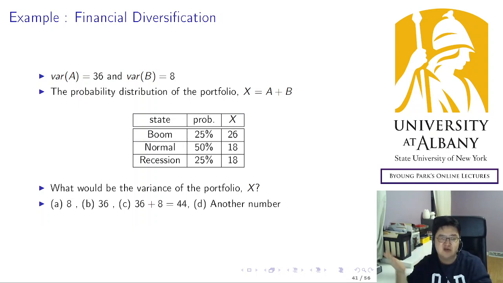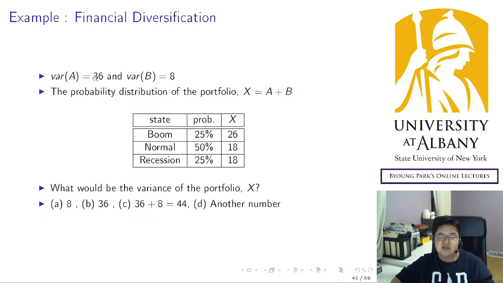Usually risk is measured by variance or standard deviation, usually standard deviation, but we are going to use variance for a while.